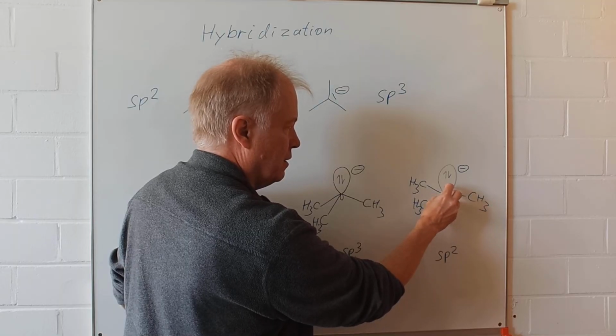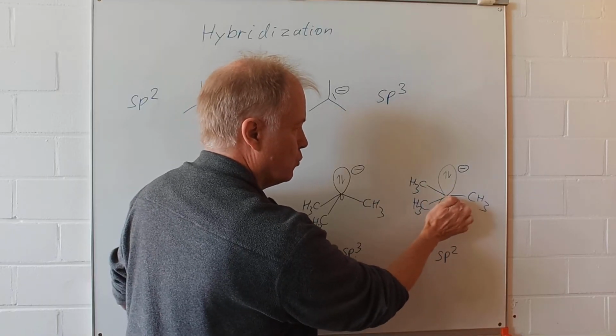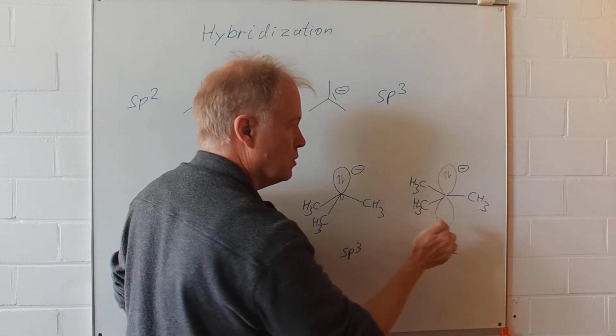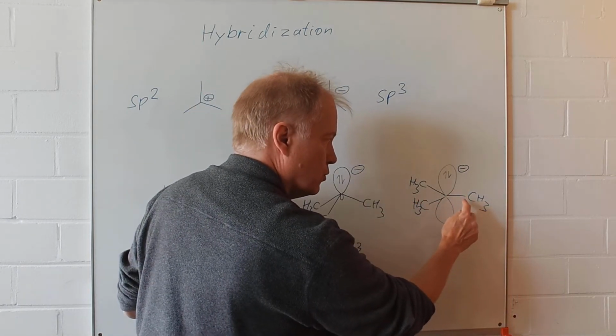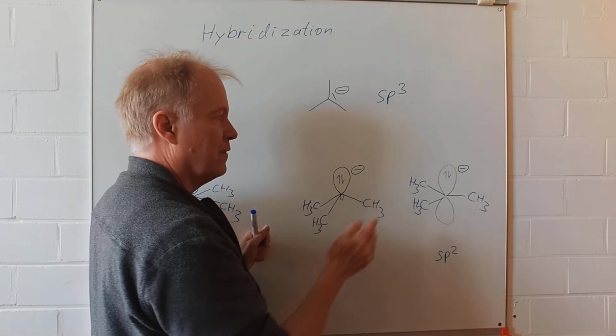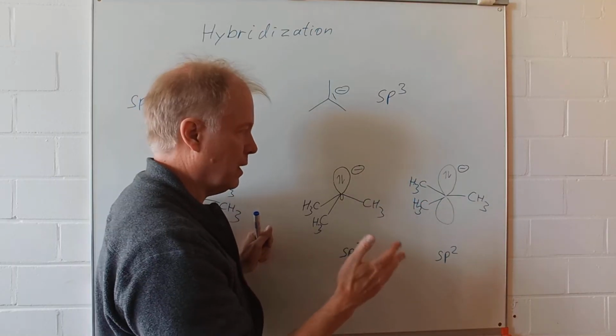And here the negative charge is closer to the electron density of the CC bonds, but also closer to the electron density of the CH bonds. There is an electronic repulsion.